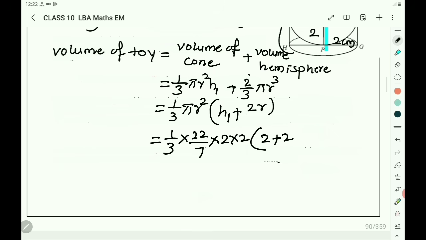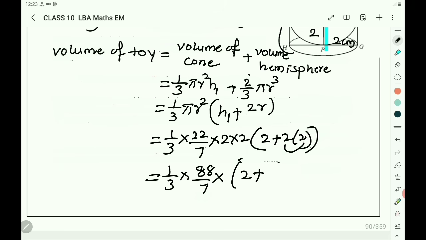Plus 2 into R is 2, equals 1 by 3 into 22 into 4. 22 into 2 is 44. 44 into 2 is 88. 88 by 7 into 2 plus 2 into 2 is 4.